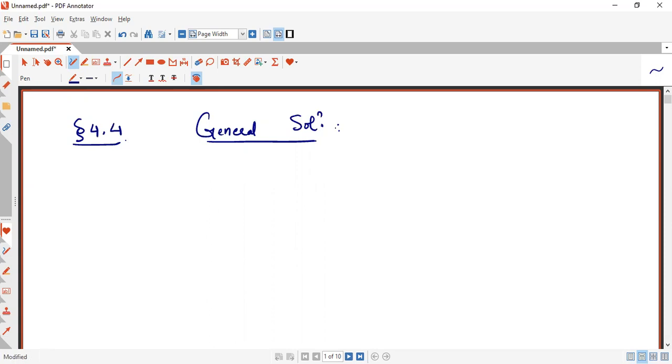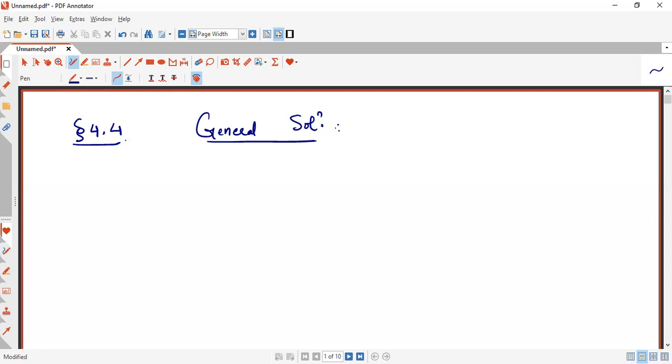Then we put the values of xi and eta accordingly, and then we find whatever uxx, uxy, uyy is given in your PDE, which we are converting into the canonical form. And then we put those values in the given equation, and hence we find the canonical form.